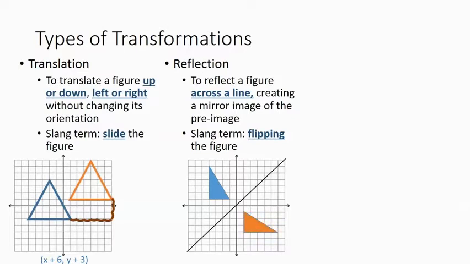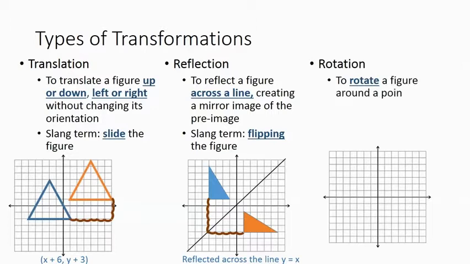When we have a line, we'll count straight down to it. 1, 2, 3, 4, 5. And the same distance down to the line is the same number of spaces we'll count over. 1, 2, 3, 4, 5. We'll do this for every point. We would call this reflection, reflected across the line y equals x.